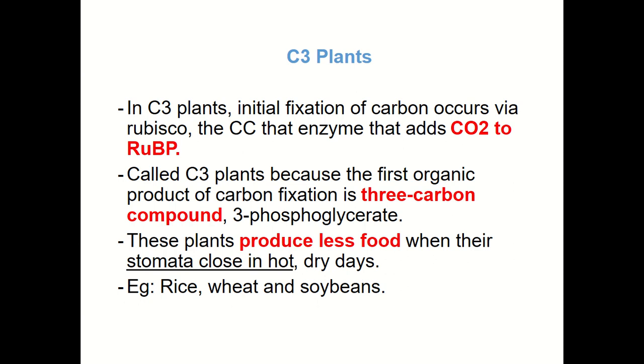They are called C3 plants because the first organic product of carbon fixation is a 3-carbon compound, which is 3-phosphoglycerate, from 3 molecules of carbon dioxide. This plant produces less food when the stomata close on hot and dry days, such as rice, wheat, and also soybean.